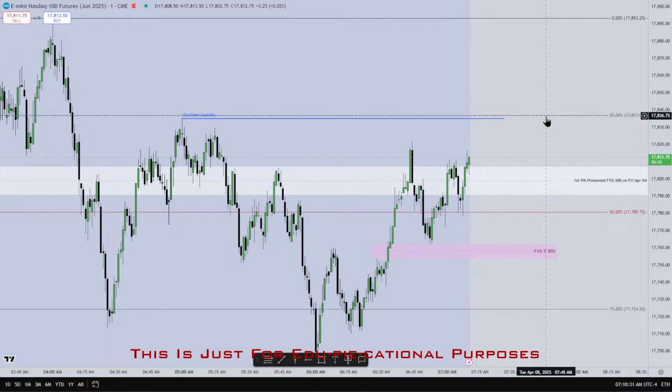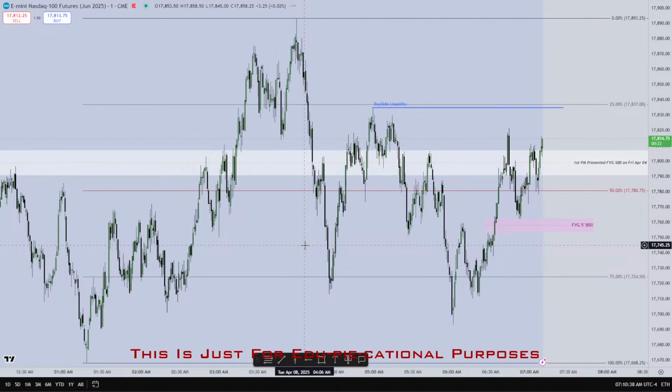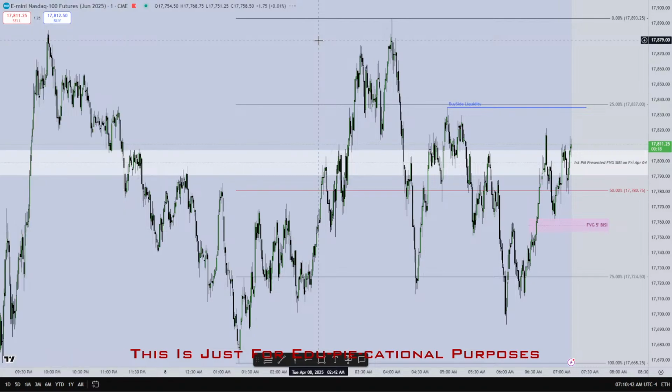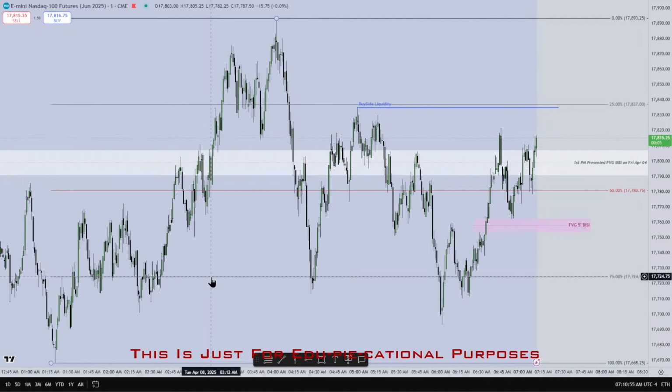It's also coupled with the 25% of the range that we defined from this low here to this high. This is our dealing range because we cleared the buy side liquidity of this candle, and on the other side we cleared the sell side liquidity of this candle here. So this can be the dealing range for us.